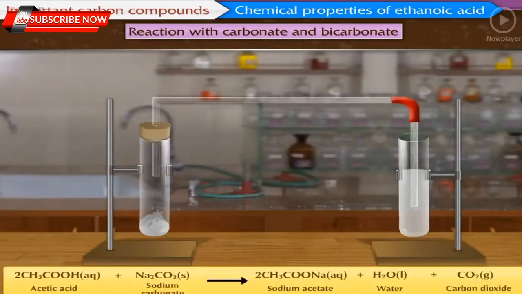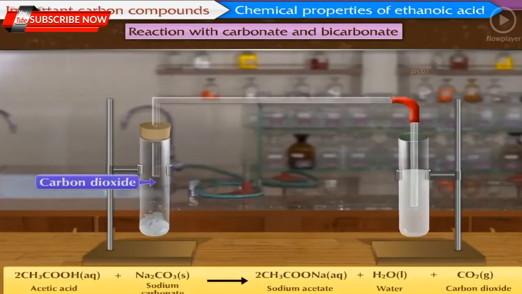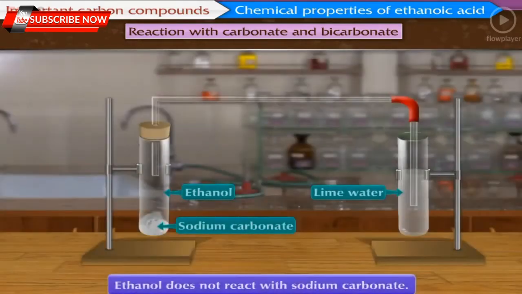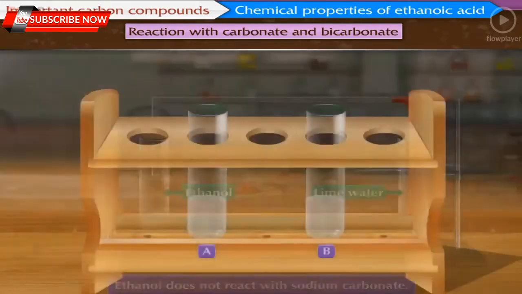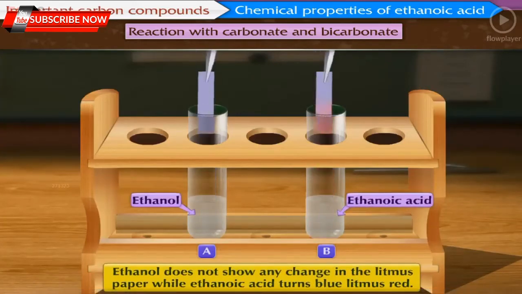Just now we have seen that sodium carbonate reacts with acetic acid to form carbon dioxide gas, and if this gas is allowed to pass through lime water, it turns milky. While ethanol does not react with sodium carbonate, ethanol does not show any change in the litmus paper, while ethanoic acid turns blue litmus red.